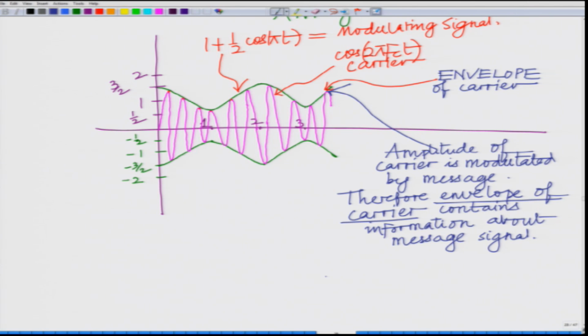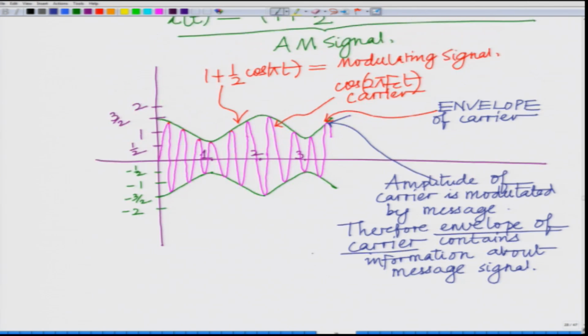And further, we have implicitly assumed, and this is true of all communication systems, that the carrier frequency is much larger. For amplitude modulation, or for any communication system to work, we need the carrier frequency to be much larger than the message frequency.